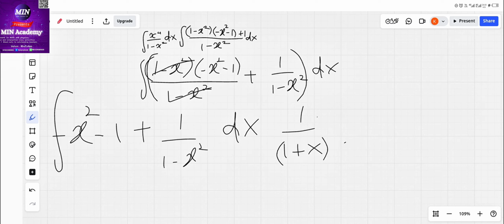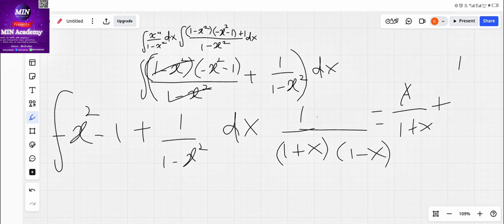Looking at 1 over 1 minus x squared, the denominator is a difference of two squares, so we split it into its components, 1 plus x and 1 minus x.